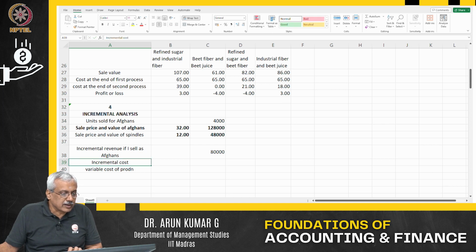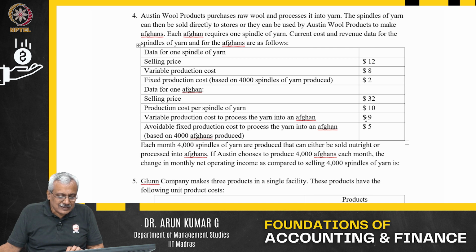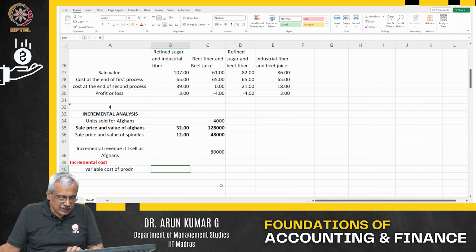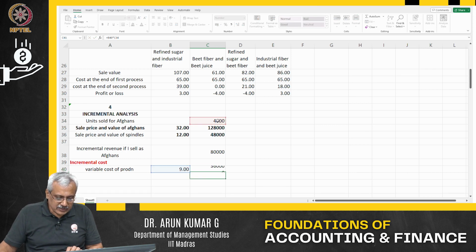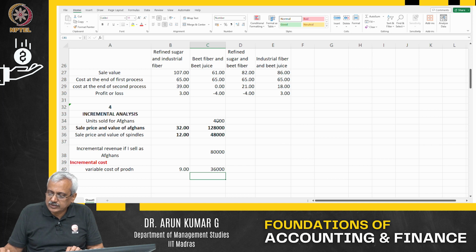The variable cost of production to produce an afghan is $9, that is 9 into my 4,000 units. This is going to be my incremental cost of producing afghans.